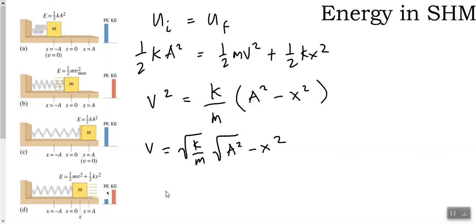So that's another one. We could also use this equation, since this one is related to angular velocity. So the angular velocity, plus or minus depending on which sine curve it's using, times the square root of a squared minus x squared. That's something given.